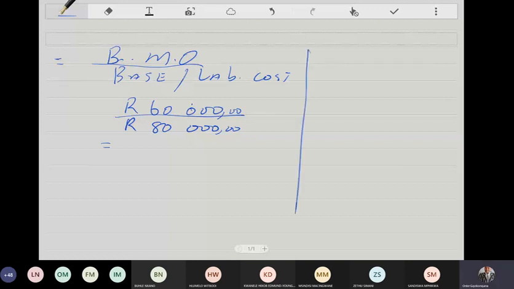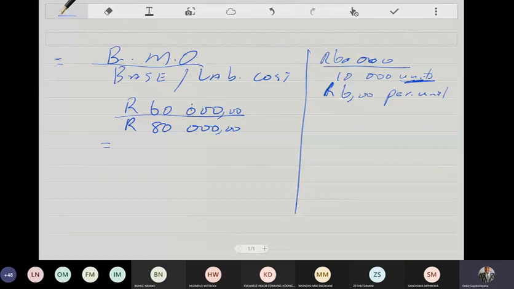This is what I'm trying to say, guys. If we say it was this 60,000 and we divide it by 10,000 units, then the answer is going to be 6 rand per unit. That's what I'm trying to emphasize here.